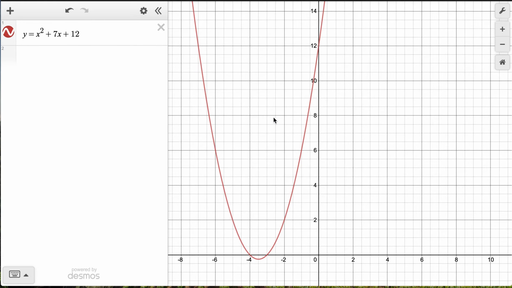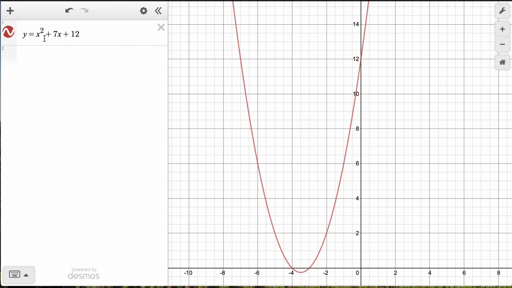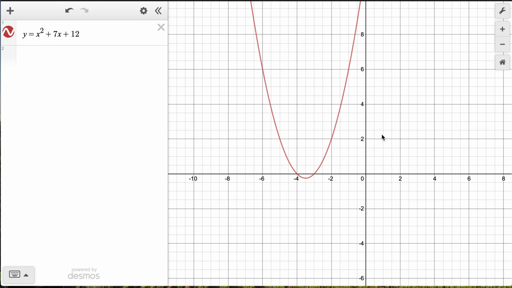And it does. Well, this is very exciting, but what's even more exciting is that this is another way of finding the answer to my question, x squared plus 7x plus 12 equals 0. Because to find the values of x that solve that equation, which we did last lesson, all I need to do is to find what values are at a height of 0.